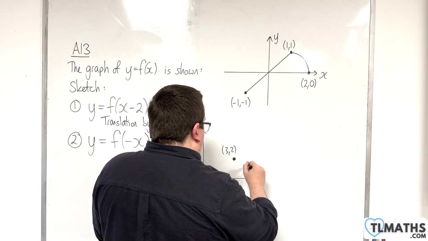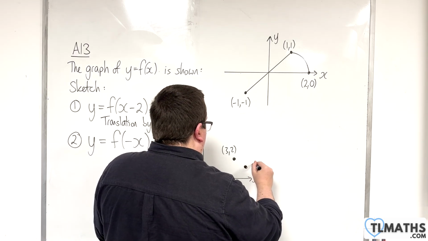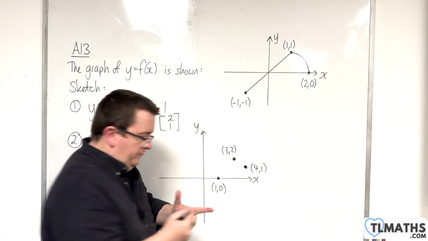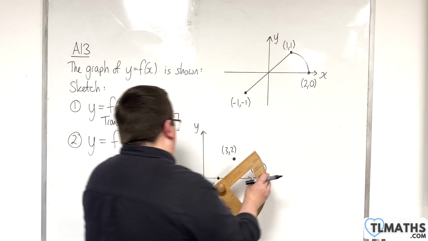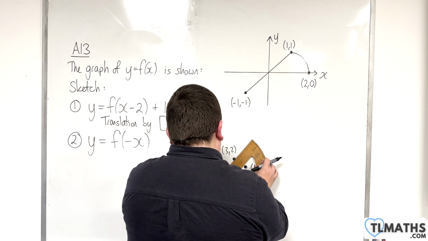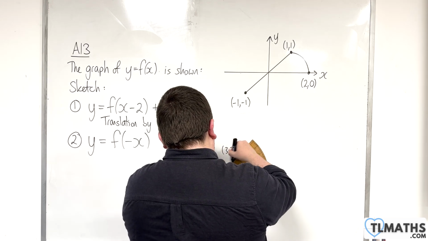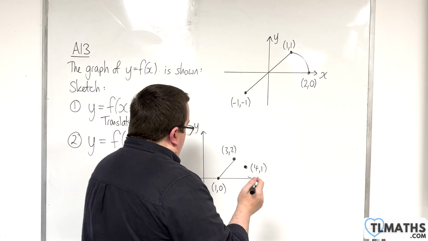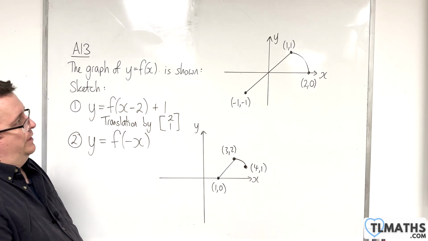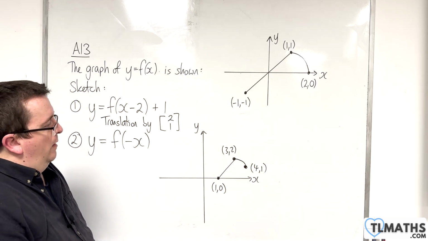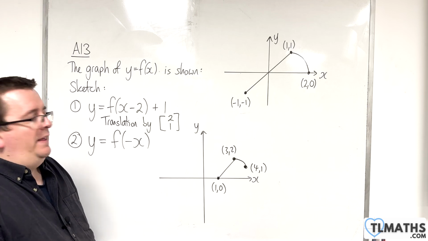So 4, 1, so somewhere here. So we're going to have this straight section here. Oops. And then the curved section. Okay? It's not the same size because I'm working with different dimensions, but that's fine.